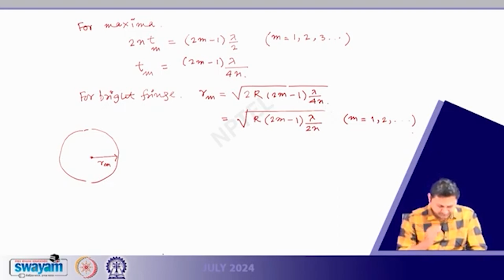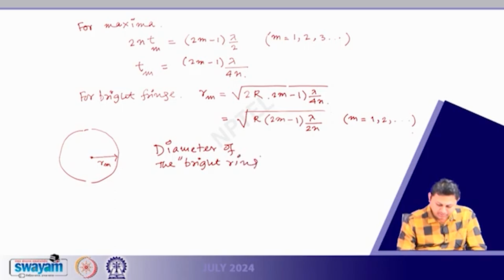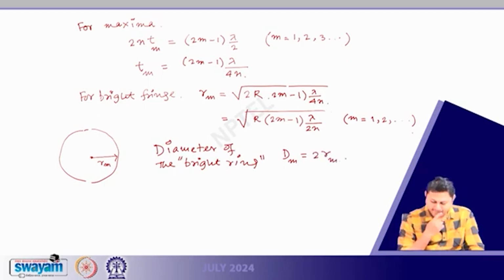If I now calculate the diameter of this bright ring, the diameter Dm is simply equal to 2 Rm, 2 multiplied by the radius.